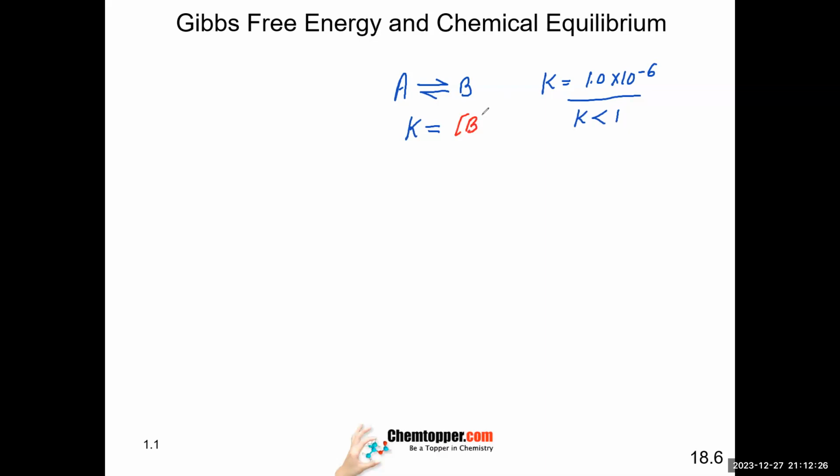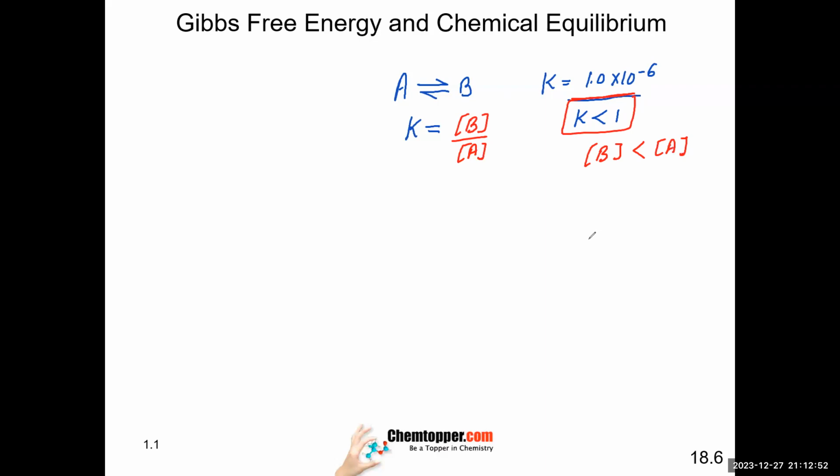Concentration of B over concentration of A. Agreed? If K is less than 1, then what does it mean? What is more? B is more or A is more? It means the concentration of B is less than concentration of A.